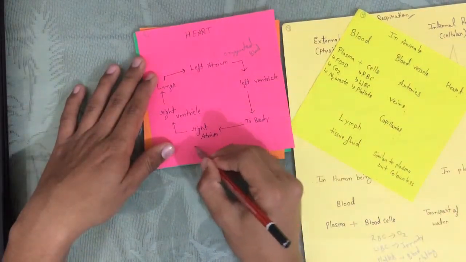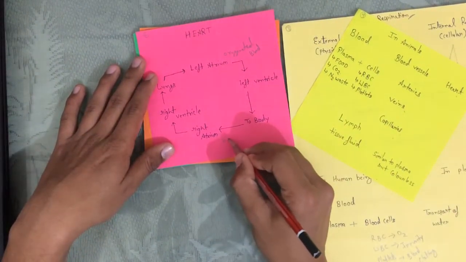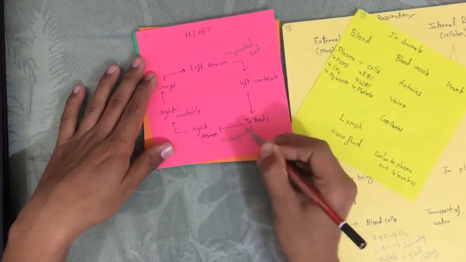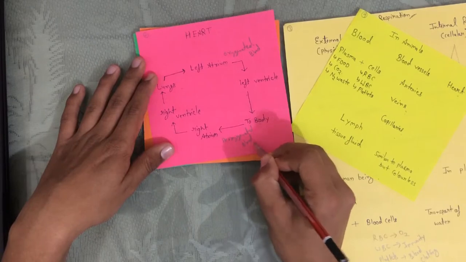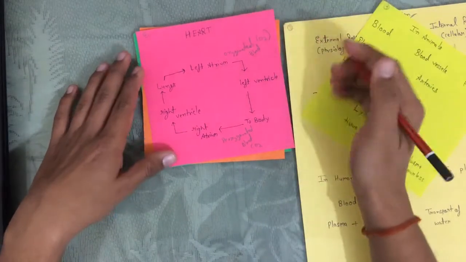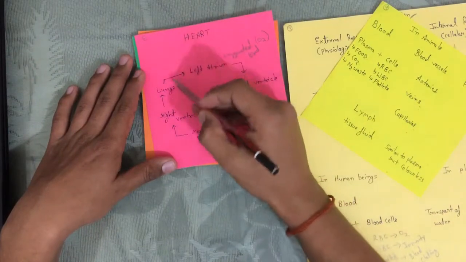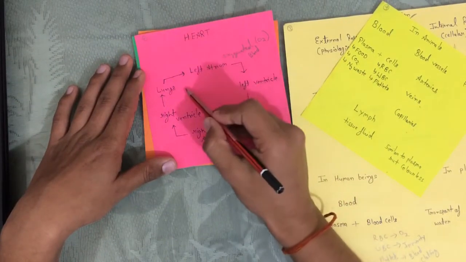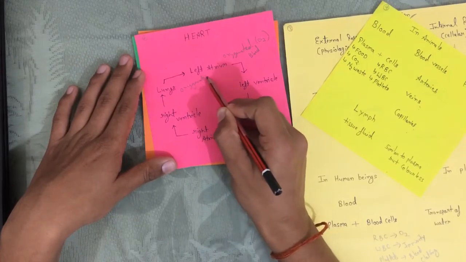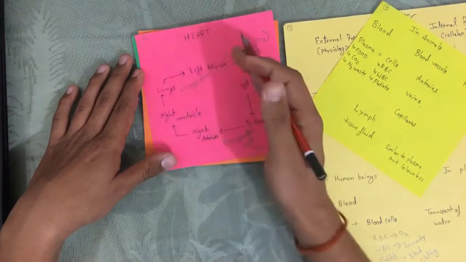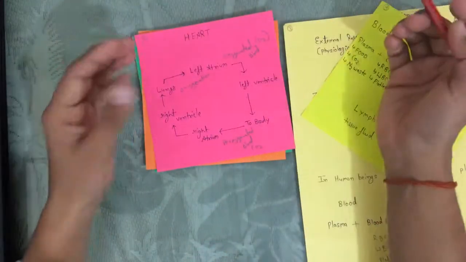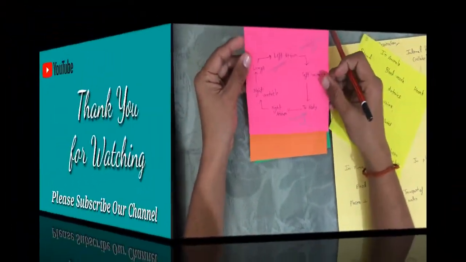Here it has deoxygenated blood, which carries a high amount of CO2, and here oxygenated blood carries a high amount of oxygen. Again here oxygenation takes place, oxygen is added, and again it passes to the left atrium, and this whole cycle goes on. This is how the heart performs.